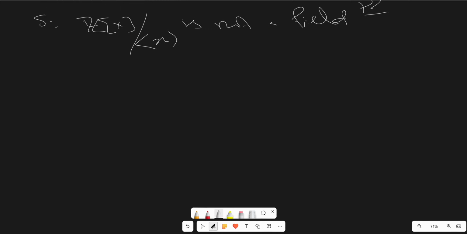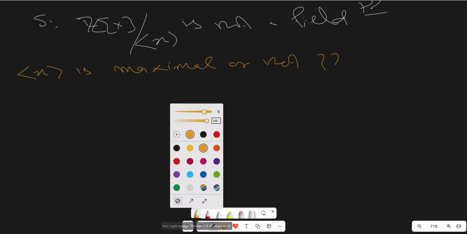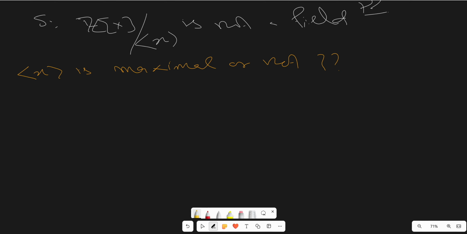We have not checked yet whether this ideal generated by x is maximal or not. What do you think about whether this is going to be a maximal ideal?